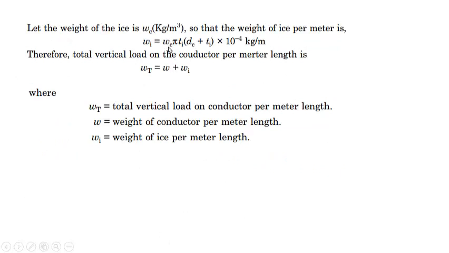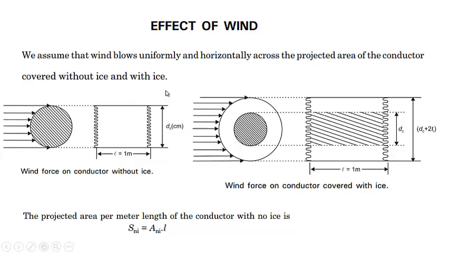So that is equal to Wc into pi ti (dc plus ti) into 10 to the minus 4. This will be the weight of the ice. And therefore the total vertical load on the conductor per meter length will be equal to the summation of the two weights, where Wt is the total vertical load on the conductor per meter length, W is the weight of the actual conductor per meter length, and Wi is the weight of the ice per meter length. So this is how we can calculate the weight of the ice and the total weight.